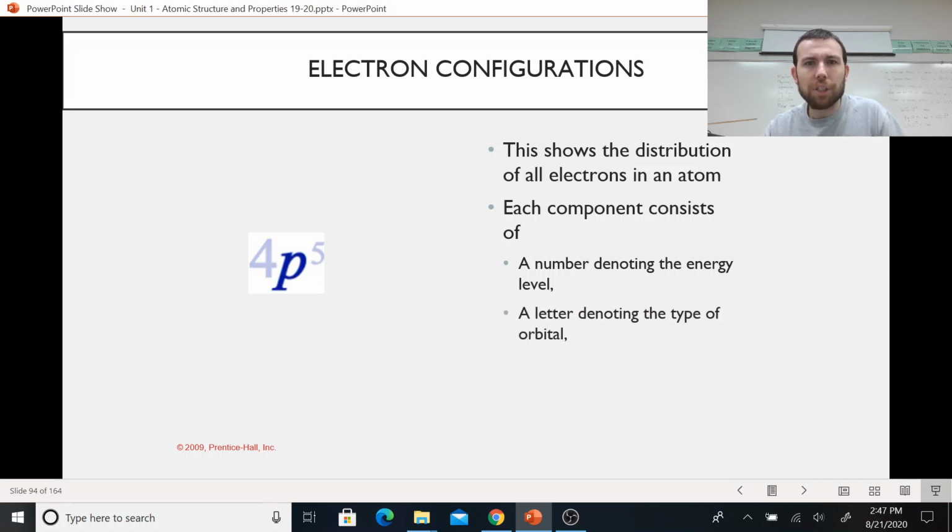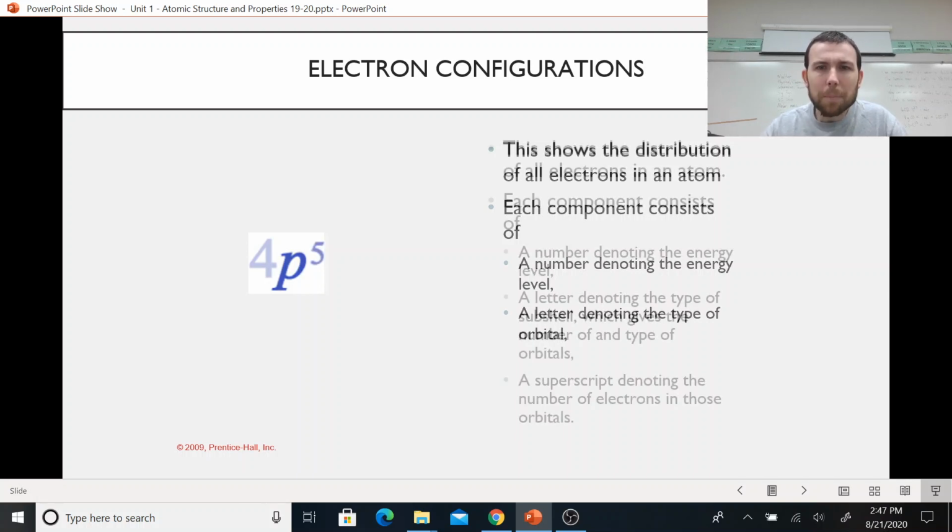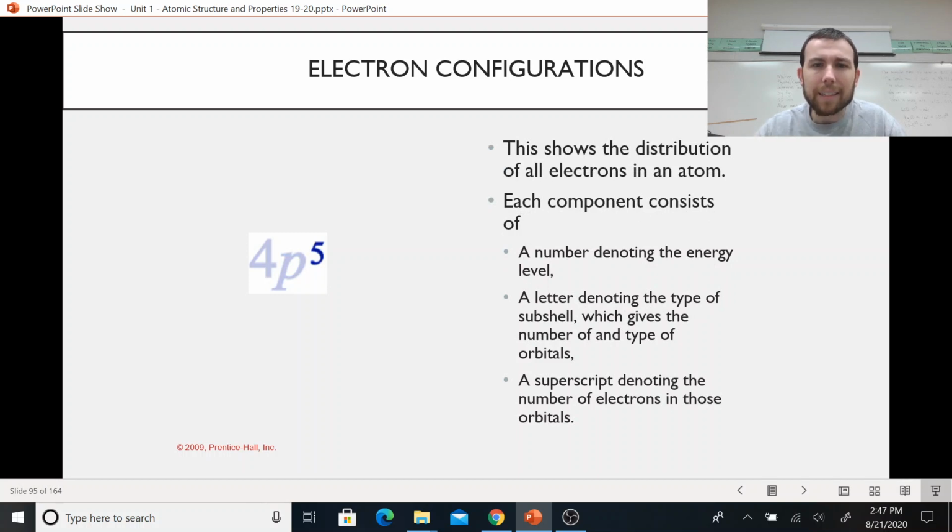Now, as we shift over and look at the letter, that's going to tell us the type of orbital that we're referring to within this configuration. If you're thinking back, that p designation means it looks like one of those orbitals that's like a dumbbell, right? So it's in a p orbital, the letter tells us the orbital. And the last piece is that the superscript by the letter tells us how many electrons are in that particular orbital.